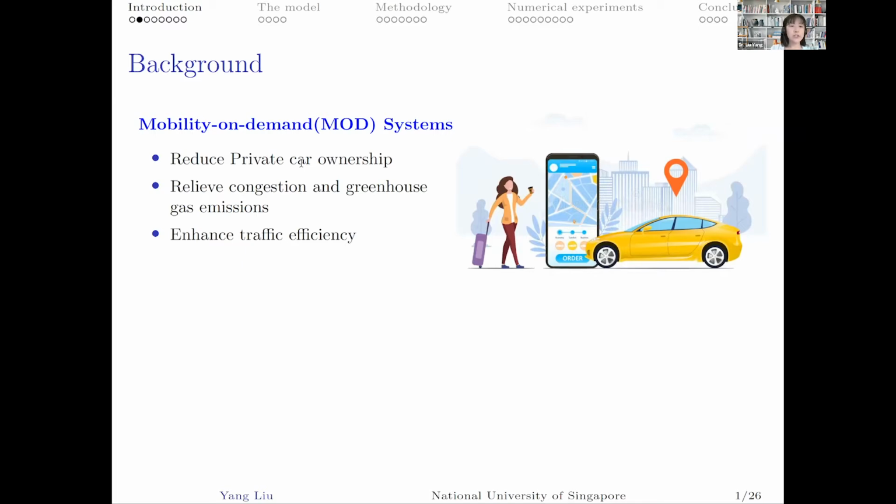We can share the vehicle space so that we can better utilize the limited transportation resource, reduce car ownership, relieve traffic congestion and greenhouse emission, and also reduce the need for parking space. Finally, we can enhance the traffic network efficiency.